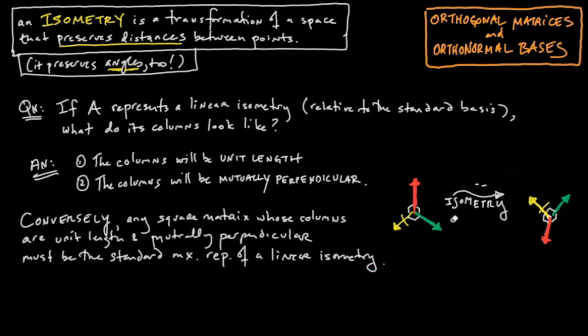As I said, this is fairly obvious because if we had such a square matrix, the fact that its columns are unit length and mutually perpendicular means that it represents a linear map that takes the standard basis onto something that looks just like the standard basis, where we have this frame that, like the original standard basis frame, generates a simple grid of cubes or squares or hypercubes or what have you, rather than the more generalized parallelograms or parallelepipeds or parallelotopes. And to get from the original to the new position, we can always carry that out either through some sort of rotation where we swivel this around and manage to get it into that position.